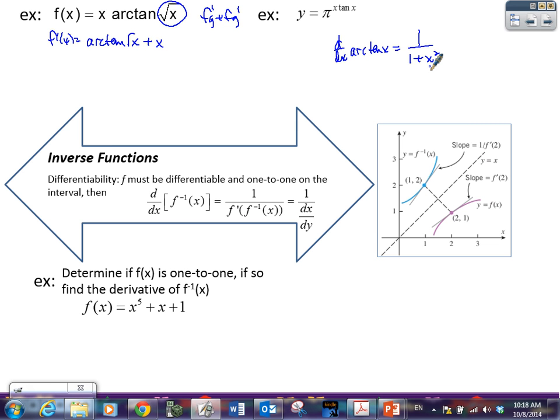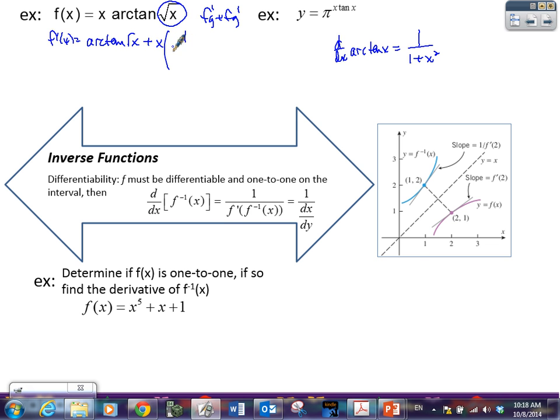Then I'm going to have to do what? I'm going to have to multiply by the derivative of the inside. This is the inside function. So I'm going to have to multiply by the derivative of square root of x. Okay, so that's what we're going to do. So let's do that. Again, we substitute into this, think of it as a template. So I'm doing the derivative of arctangent root x.